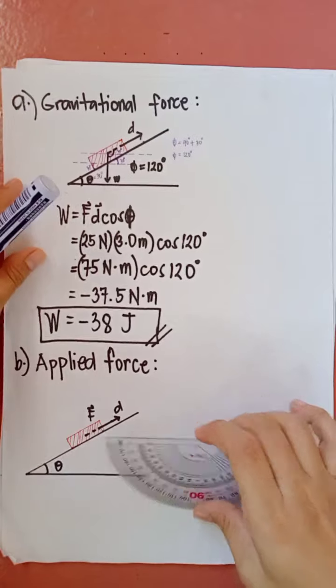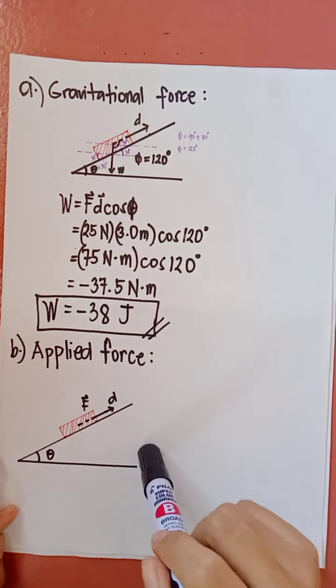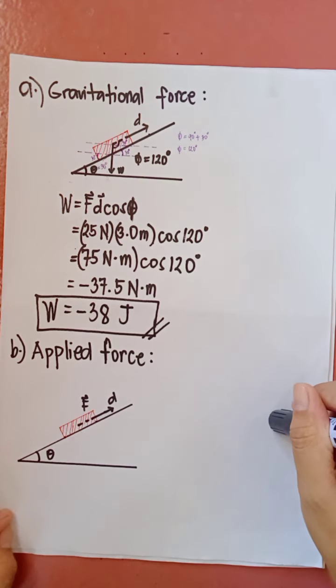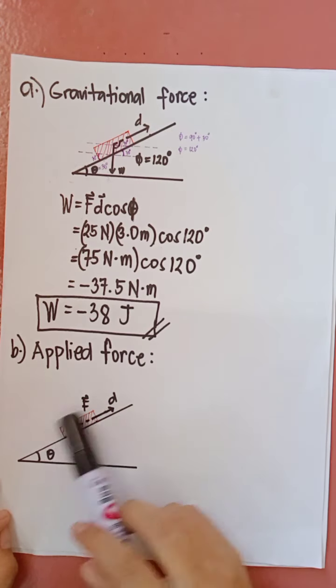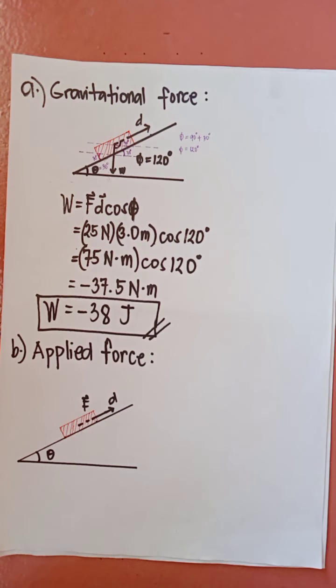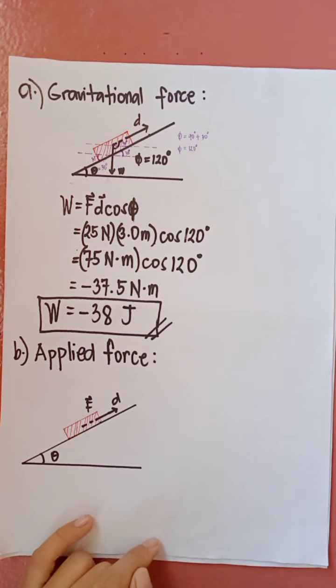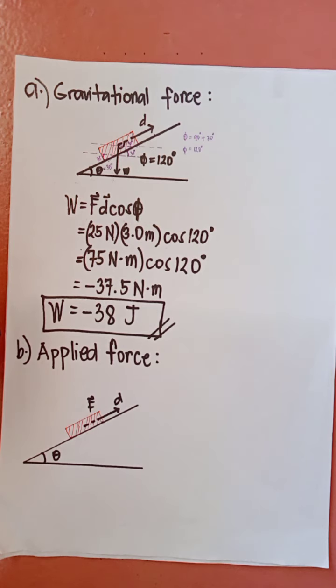So this is the diagram for letter B in finding out the applied force. We have here the inclined plane, angle theta, which is 30 degrees, and the block, the red one here, and the direction of the displacement, and the force. The force and displacement have the same direction. According to the sample problem, the applied force is directed upward.